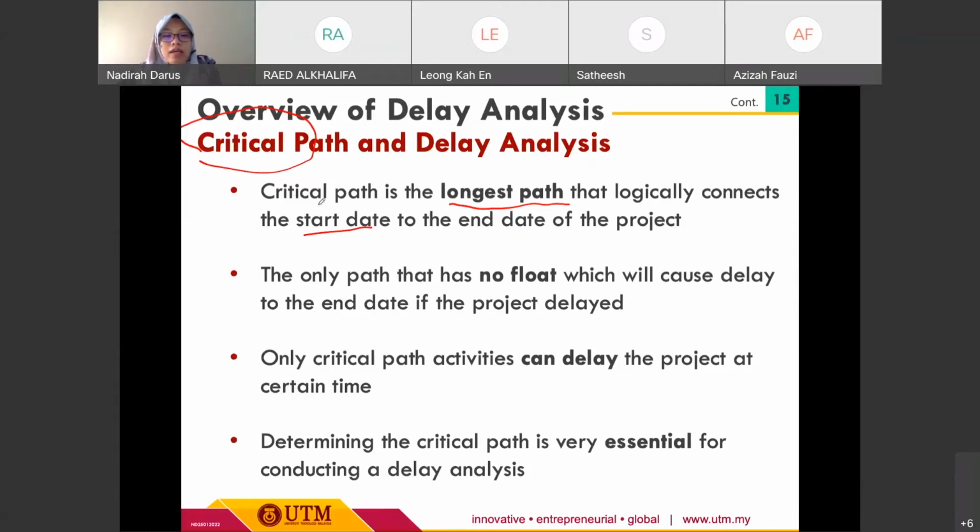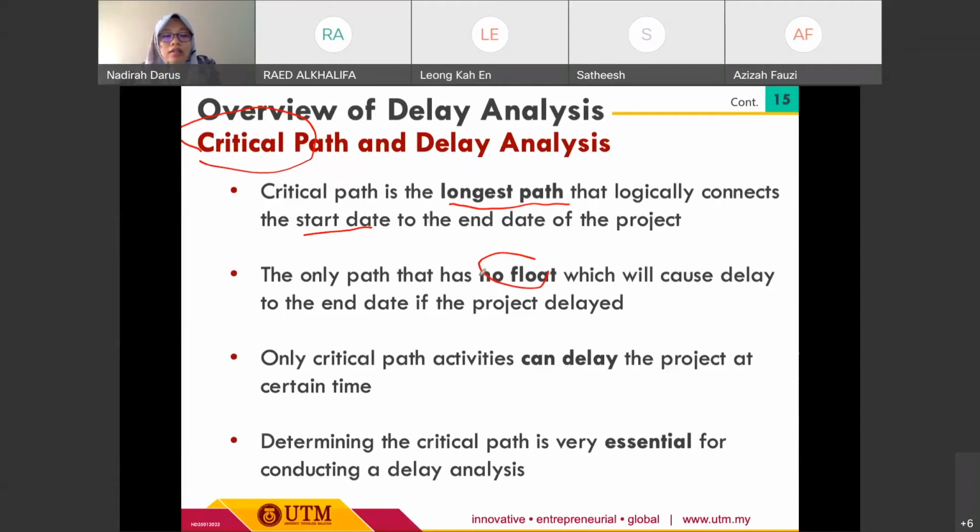The path is the only path that has no float, which will cause delay to the end of the project if delayed. So any delay on this critical path will for sure affect the total duration of the project. That's the relation between critical path and delay analysis.